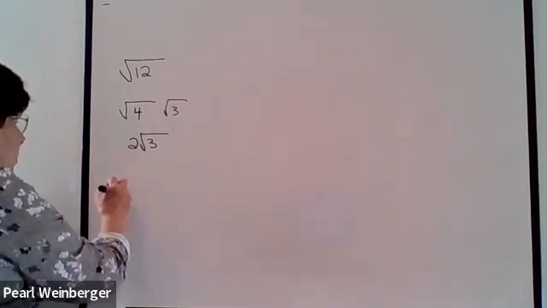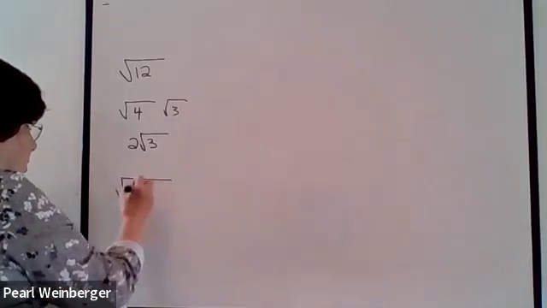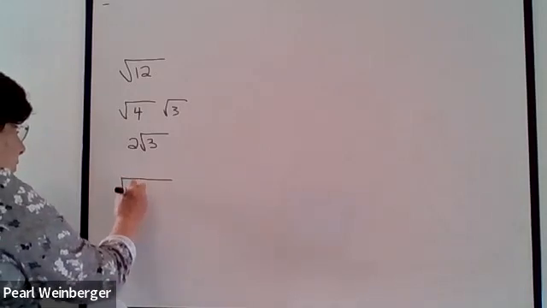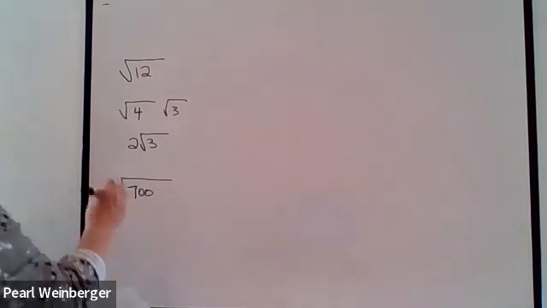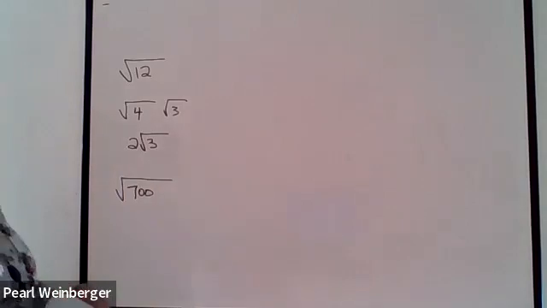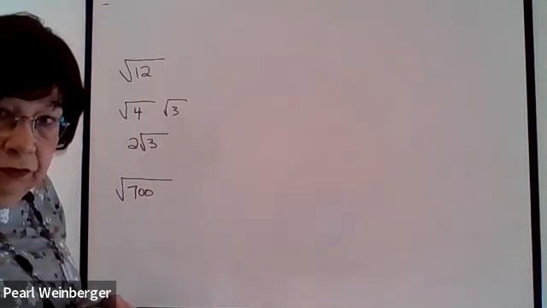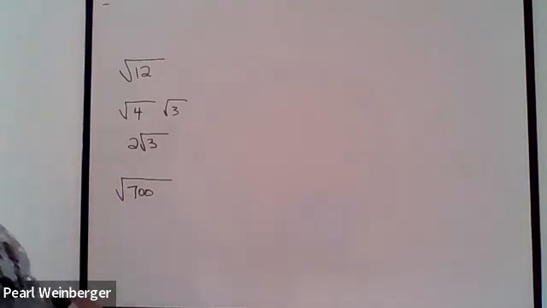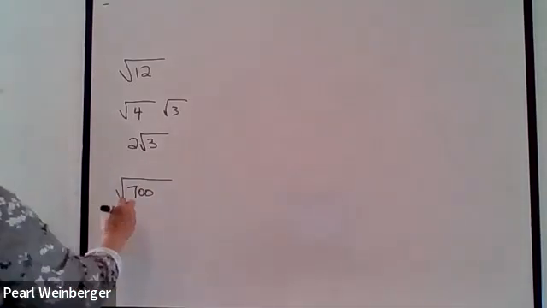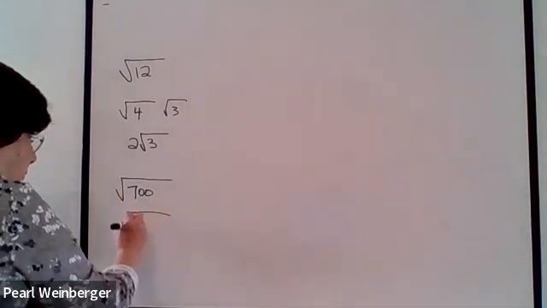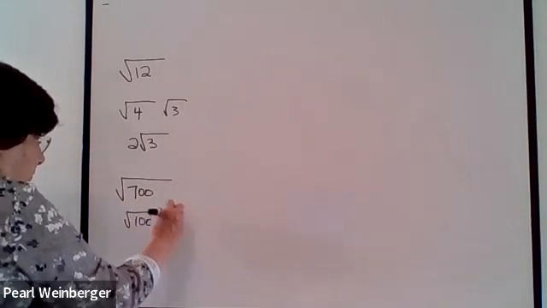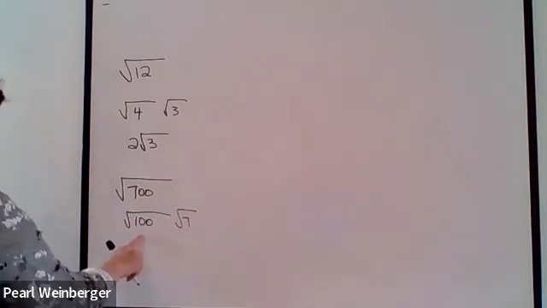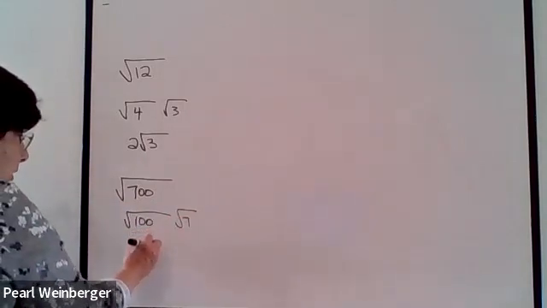Let's say I had the square root of 700. What can I break up the square root of 700 into? Well, we can break that up into 100 times 7. And the square root of 100 is 10.